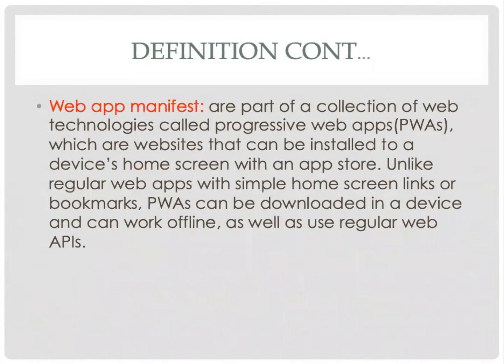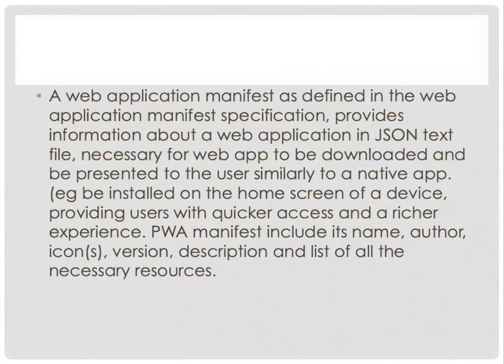And web app manifests are part of a collection of web technologies called progressive web apps, PWAs, which are websites that can be installed to a device home screen without an app store. Unlike regular web apps with a simple home screen link or bookmarks, progressive web apps can be downloaded to a device and can work offline as well as use regular web app APIs.